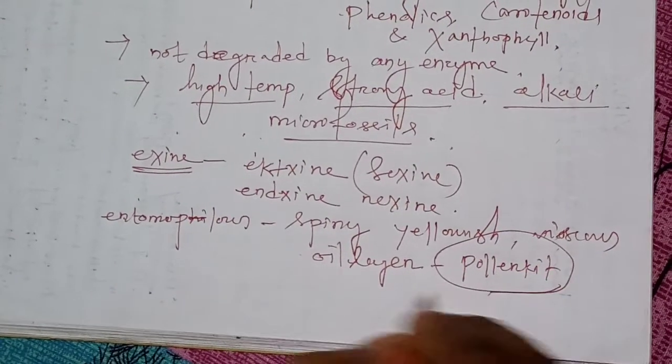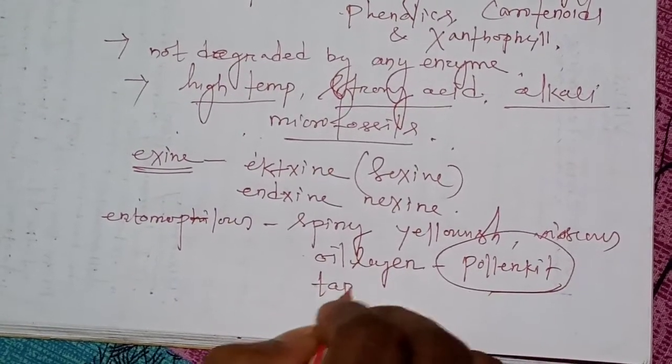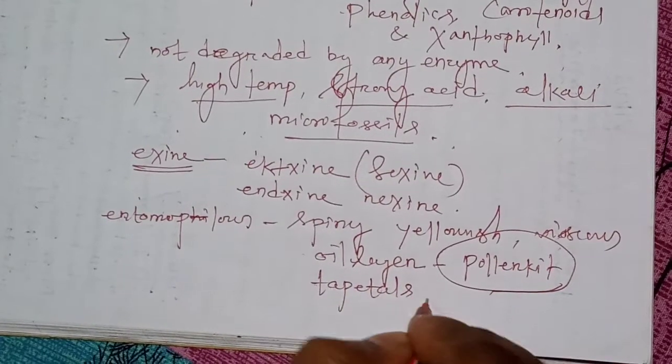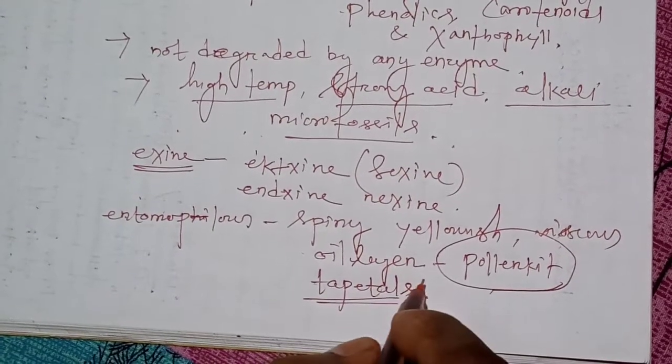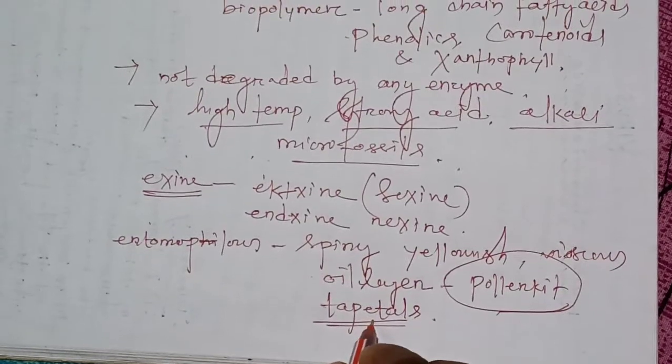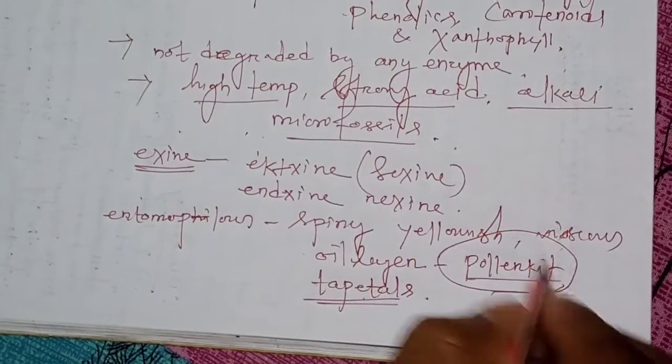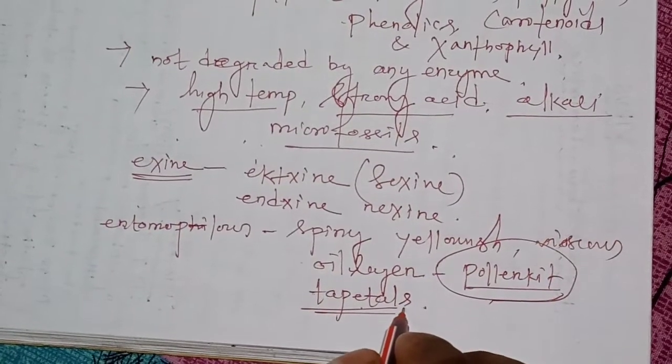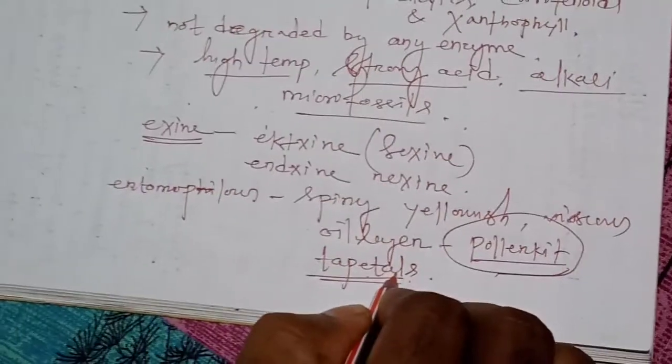This pollen kit is secreted by the tapetal cells. So there are several functions of the tapetum. The tapetum secretes the pollen kit, and previously we studied that the tapetal cells also secrete the callase enzyme.